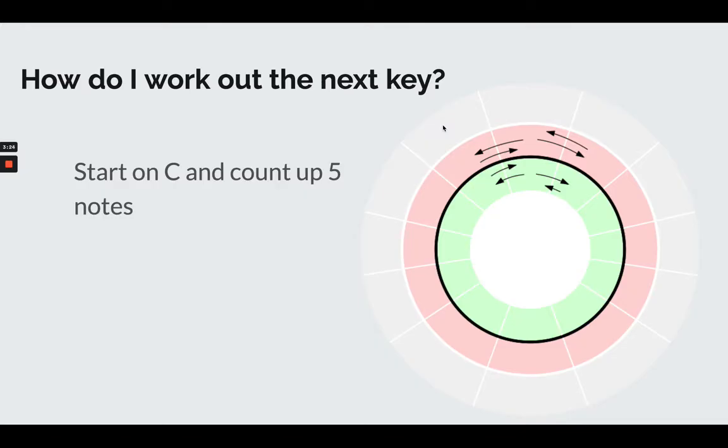Excellent. So now we need to work out what the key here next to F is going to be. So we have to make sure that this is a perfect fifth. What that means is we need this to be a perfect interval between F and the next key. All of the other keys were.